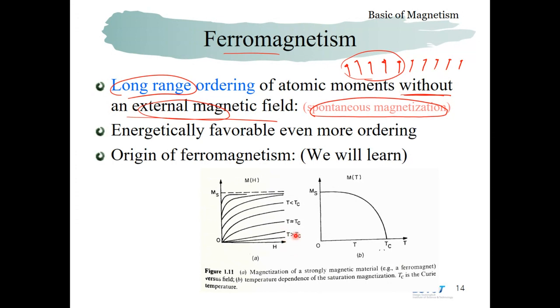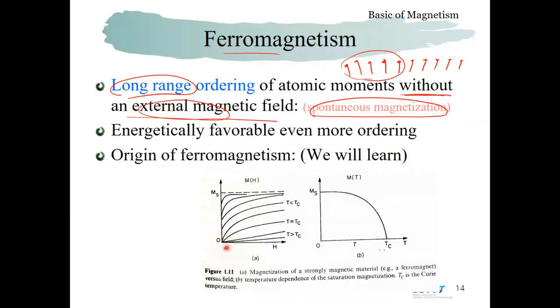Above the Curie temperature, the ferromagnetic material behaves just like a paramagnet, so the magnetic moment increases linearly with the external magnetic field. But if we cool down the sample below the Curie temperature, it is no longer linear. It has some kind of curvature.